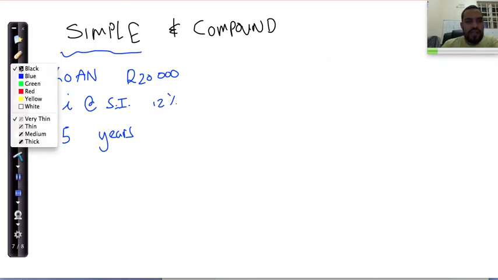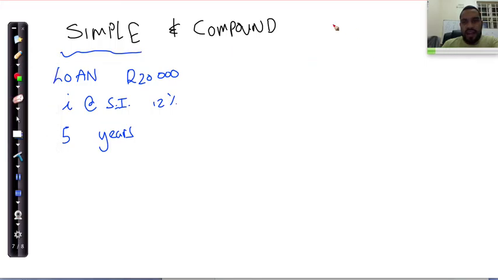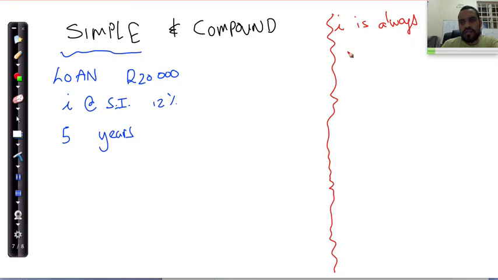Now, there's a few questions I'm going to ask you, but before we continue, I want to say something about I over there. I is always expressed as a percentage. That's the first and most important thing I want to speak about.